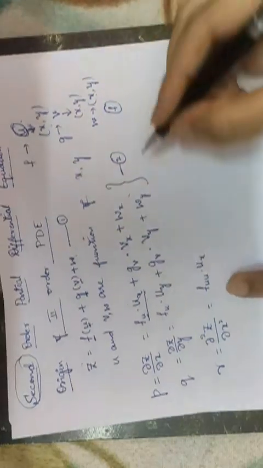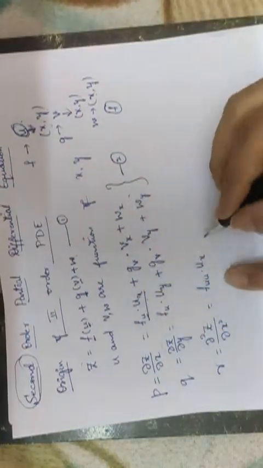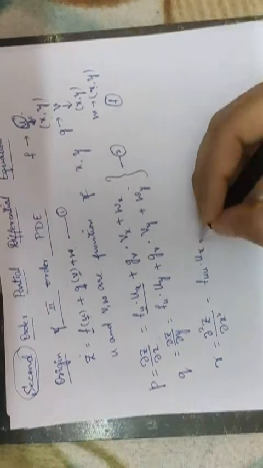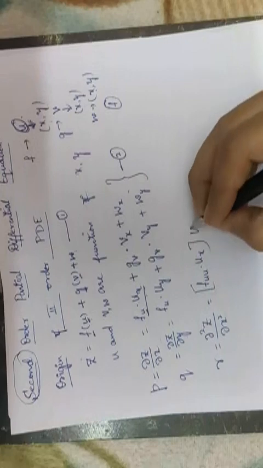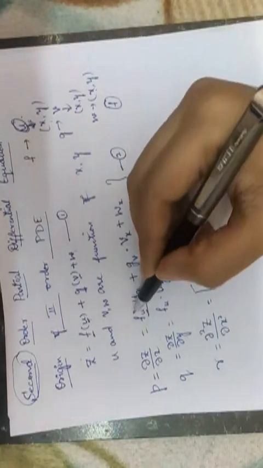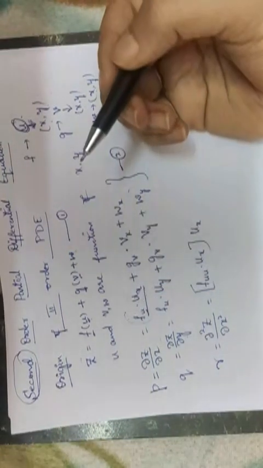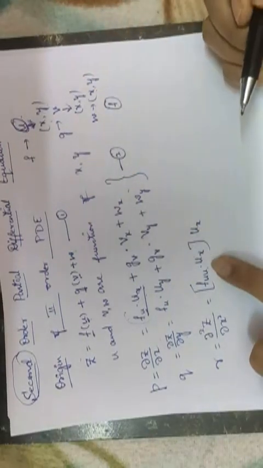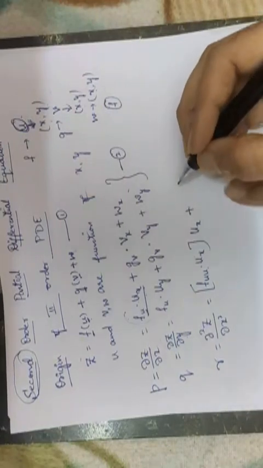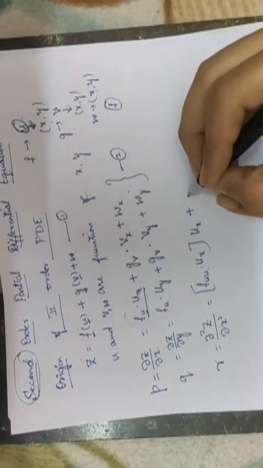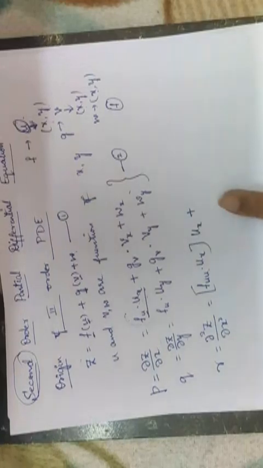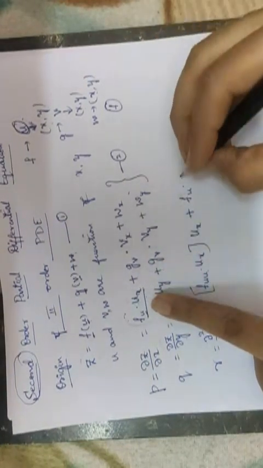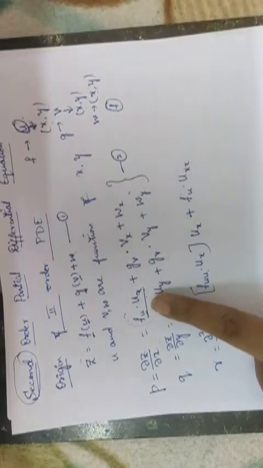Product rule means first you retain one as it is and you differentiate the other, right? So consider I am retaining ux as it is, and if you differentiate fu with respect to x, you will get fuu into ux, right? Plus retain fu as it is and differentiate ux with respect to x, you will get uxx.